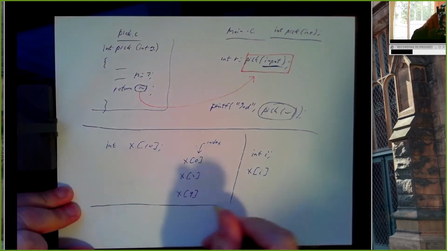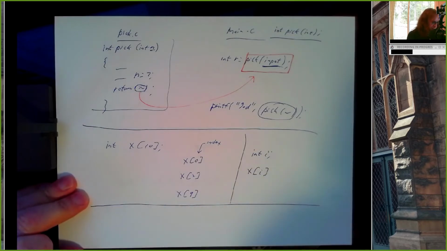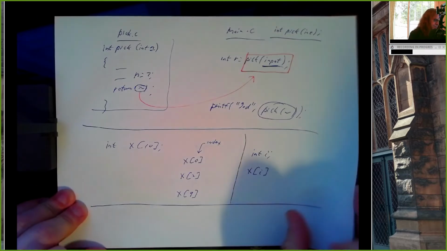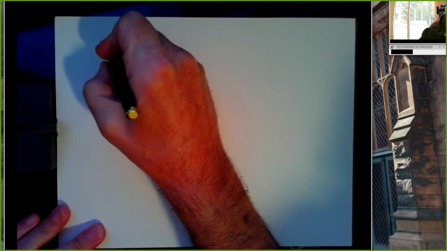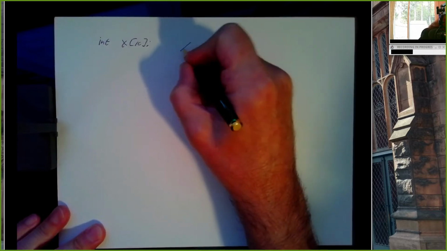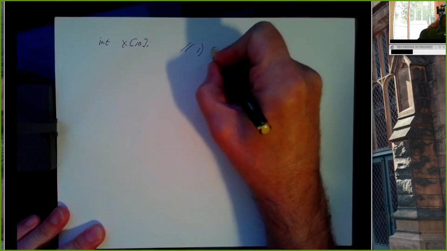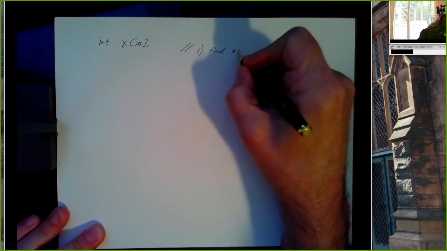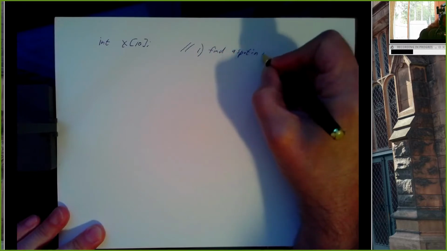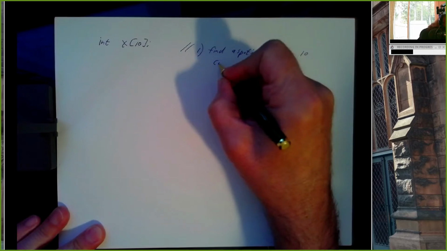When I say integer x bracket 10, what I'm actually doing is two things. One, it says find a spot in memory for 10 consecutive ints.